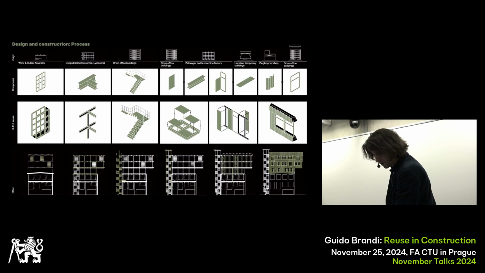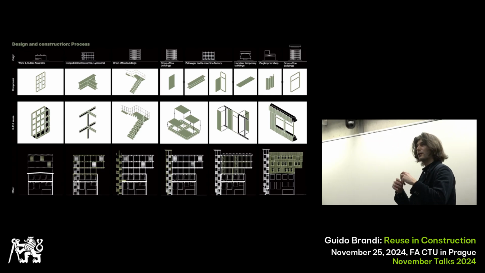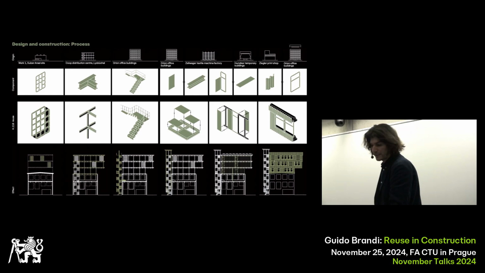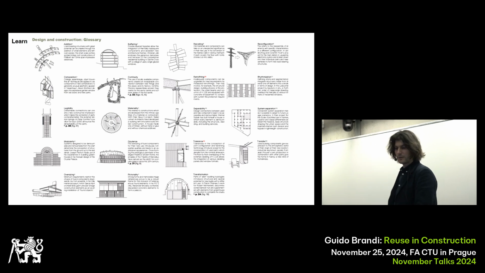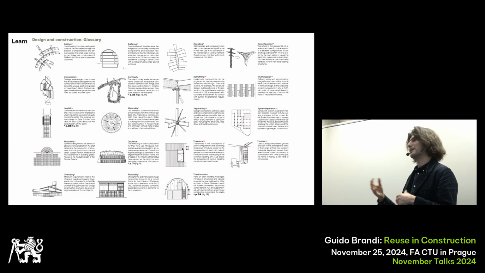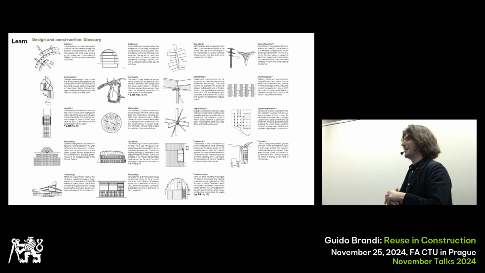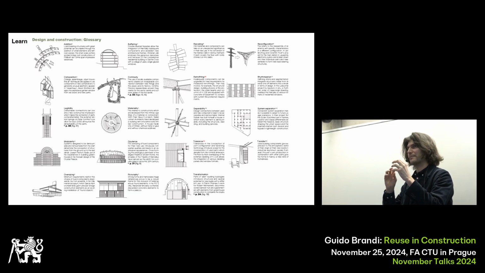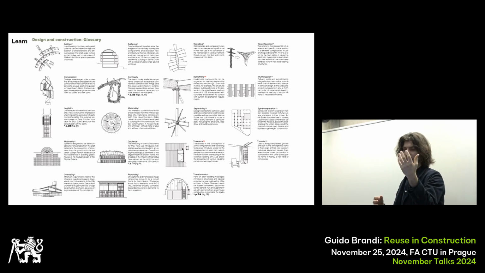Maybe some words on how we try to transfer all those topics to our students, how we try to teach reuse. We try, again with this glossary, we like a lot of words, and so we define a catalog of topics, and we connect every word with a realized project and a closed text.